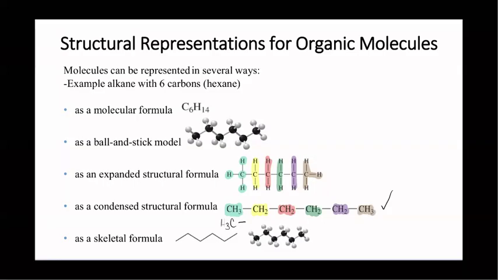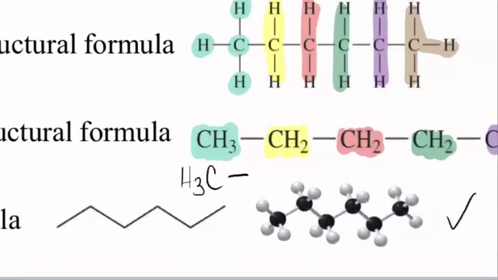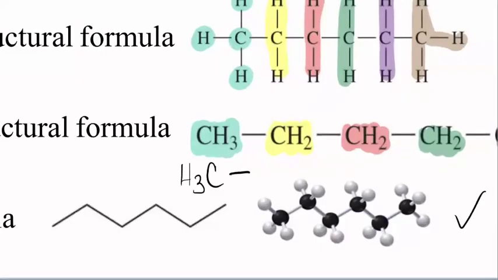Another important illustration that is commonly used in organic chemistry is the skeletal structure. When it comes to a skeletal structure, as I zoom in, what it illustrates in essence is the electron group geometry for the different carbons in a structure.